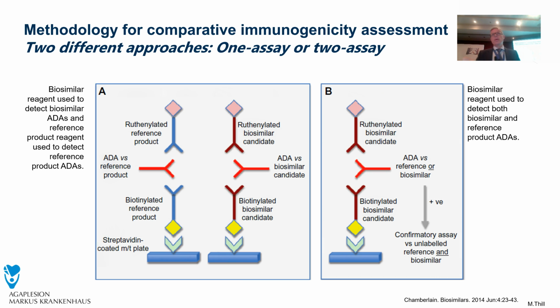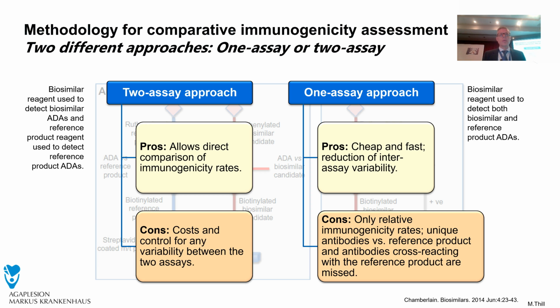Of course, it's always more expensive to have a two-assay approach to compare the biosimilar compound and the reference product, better of course than just doing your immunogenicity assays on the reference or the biosimilar compound.